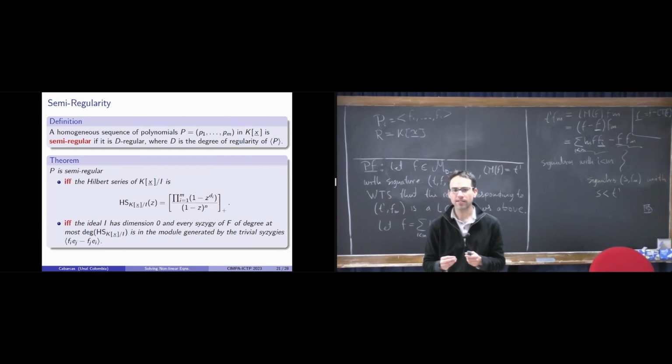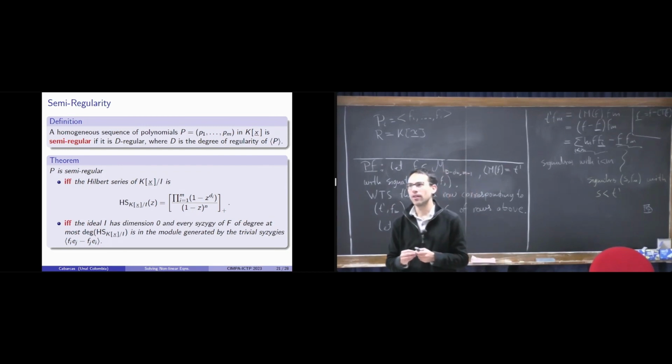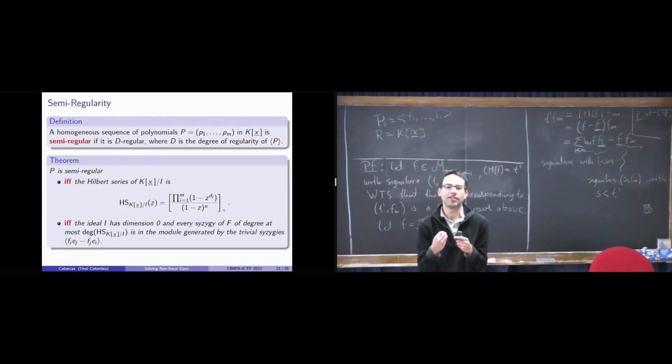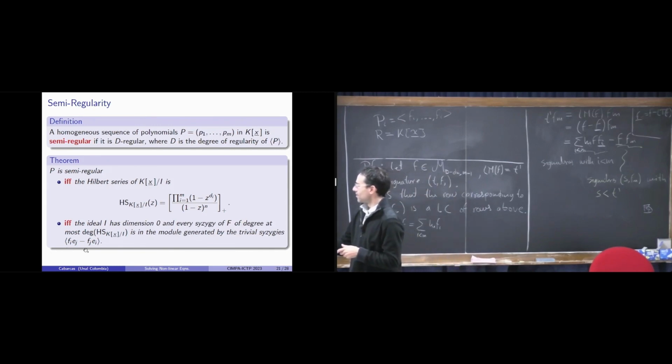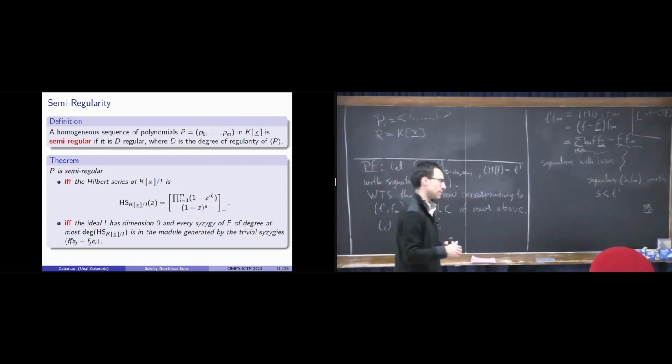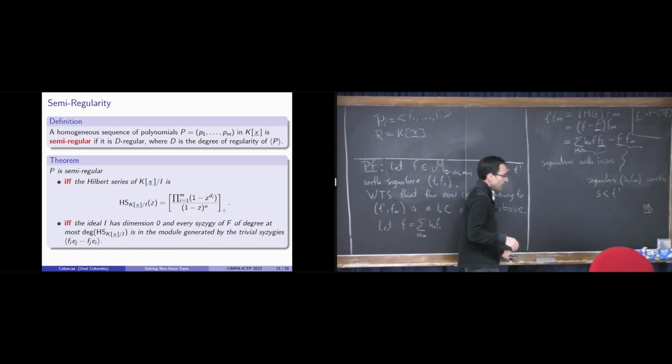And in that case, we know there are other trivial relations beyond these ones, if the polynomials are homogeneous and we are over GF2.